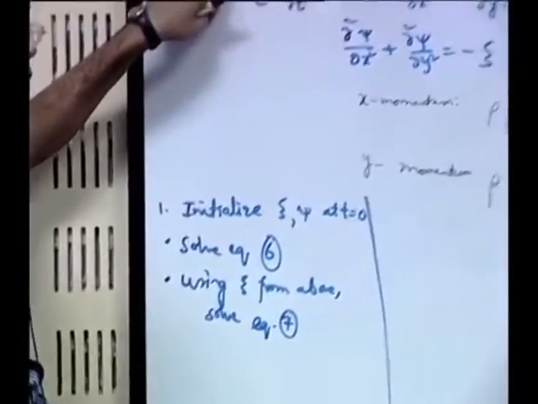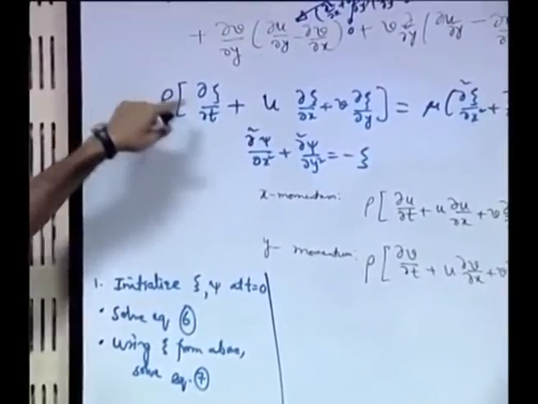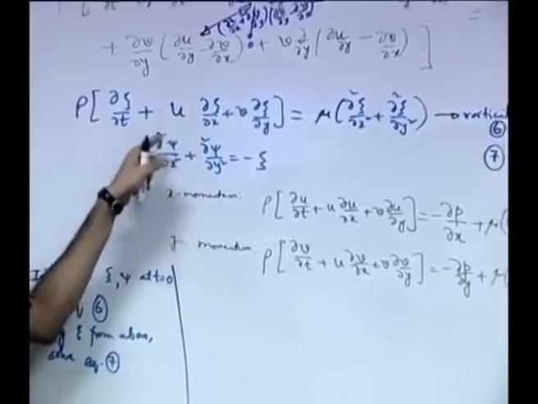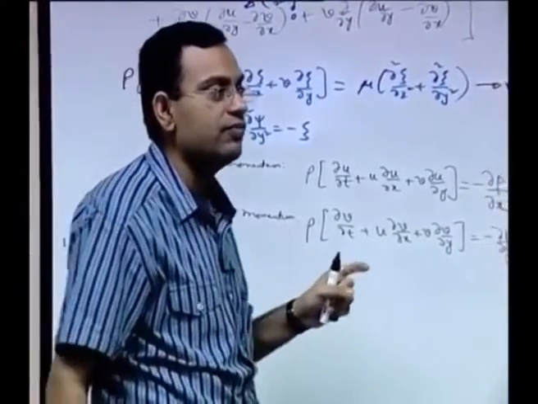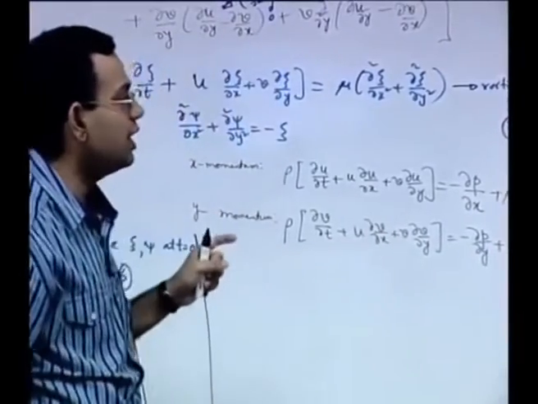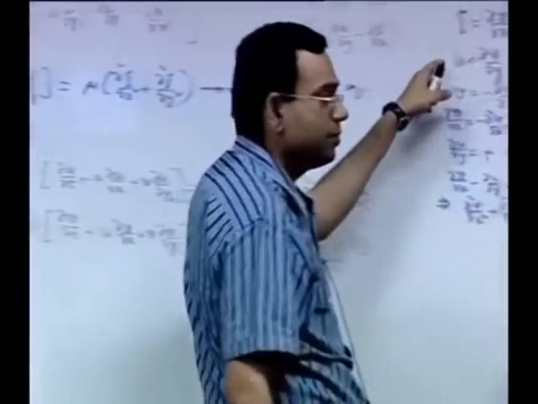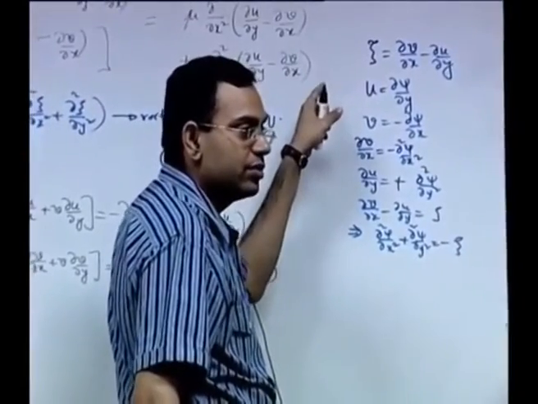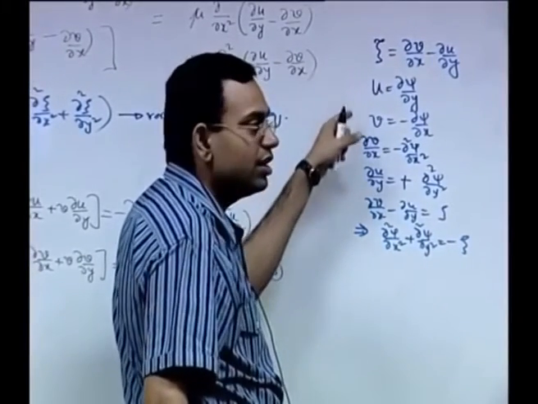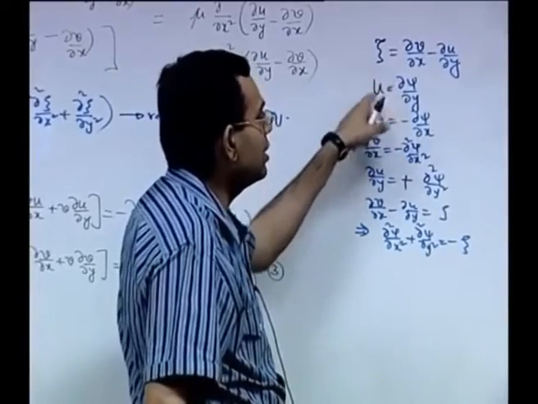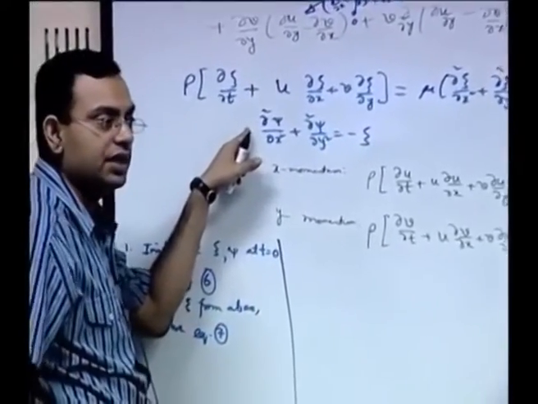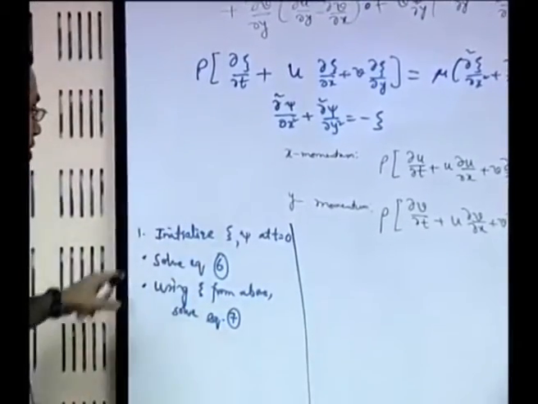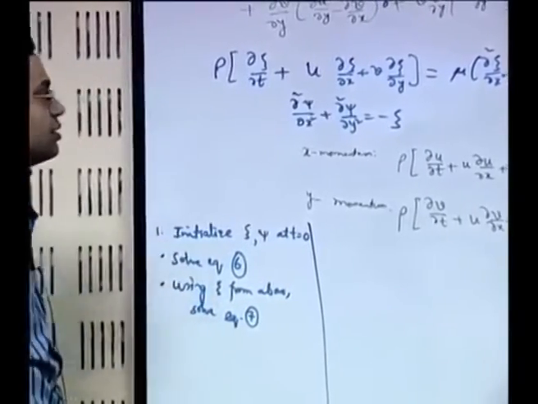Remember, this is at a particular time. Now, at that particular time you are solving the stream function equation. If you recall the definition of the stream function, here you do not have any reference of time, right. So at a given time you are calculating this u, v on the basis of their relationship with the stream function. So at that given time you have to solve this equation maybe by using some iterative technique. So using zeta from above, solve equation 7.